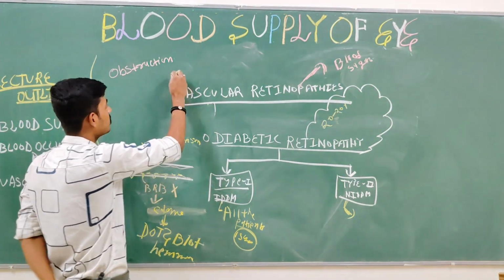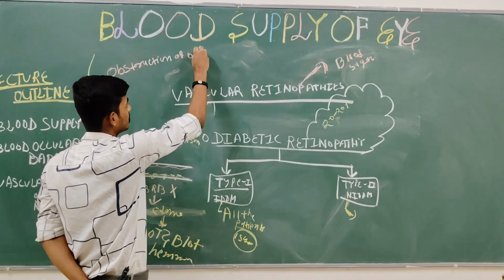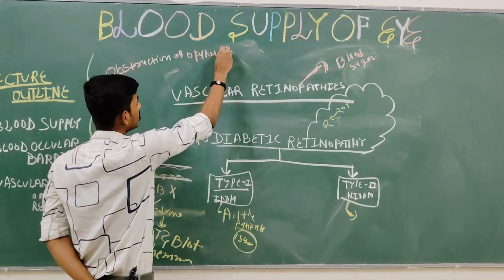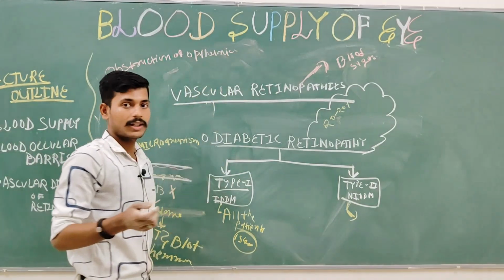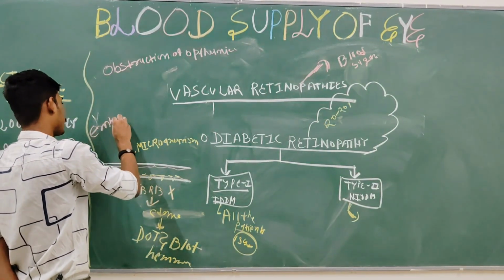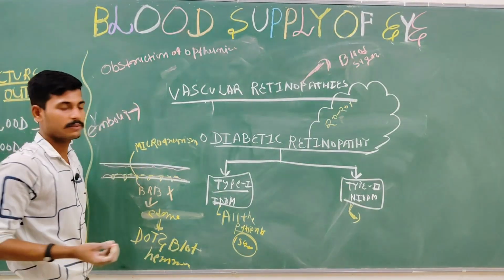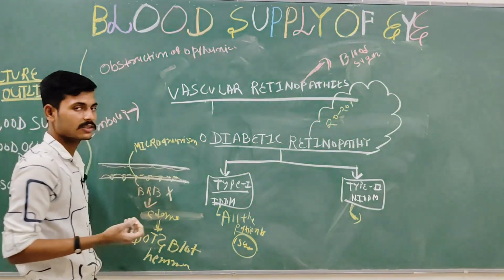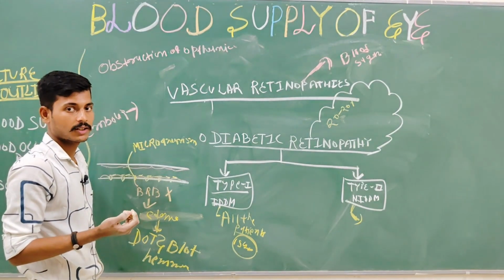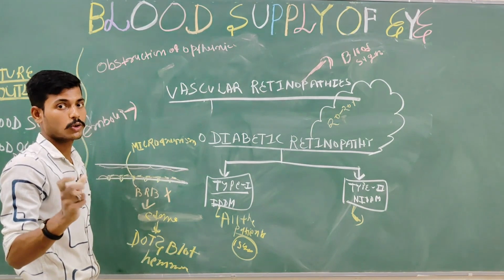So sometimes there will be an obstruction of the ophthalmic artery. You know embolism. There are different types of embolism: air embolism, fat embolism, then blood embolism. Blood embolism has a special name, called thrombi.